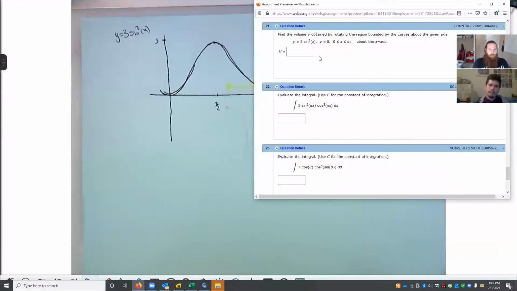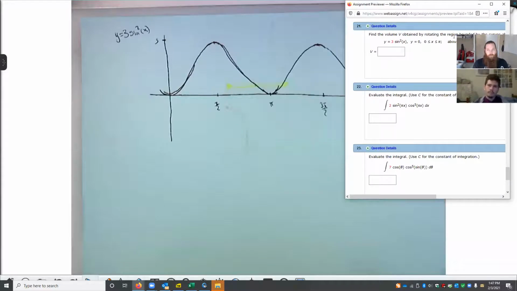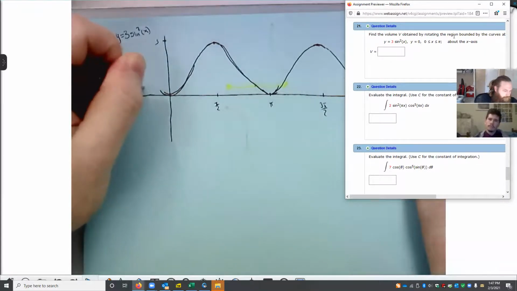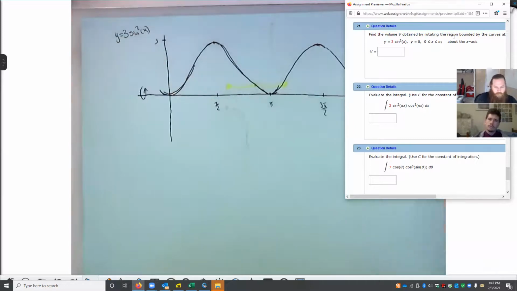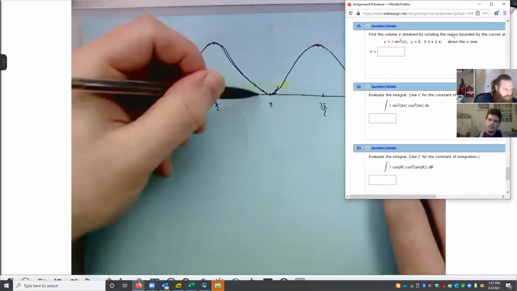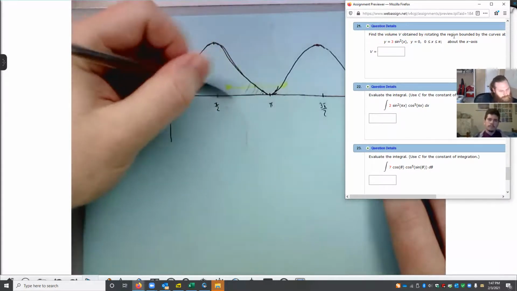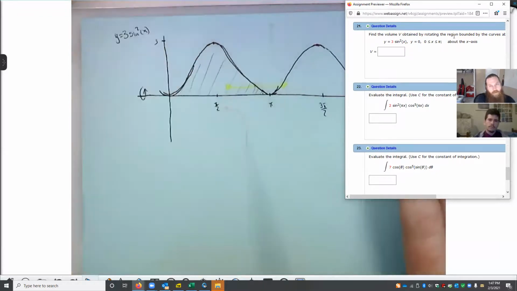I want to rotate this region from 0 to pi about the x-axis, it says, right? Yeah. So this is my axis of rotation. My region is everything in here. And I have a choice of methods, right?